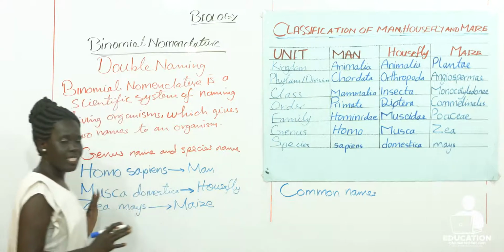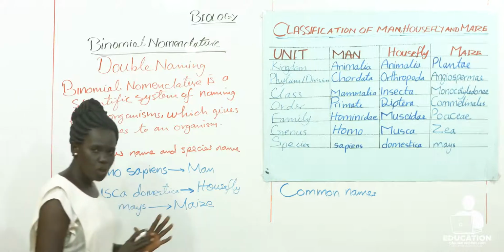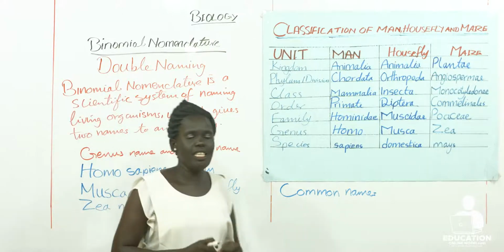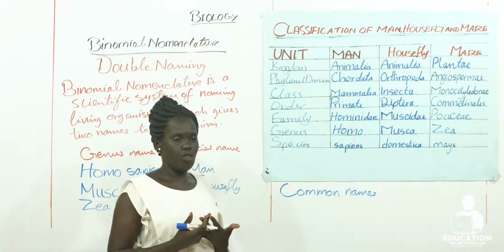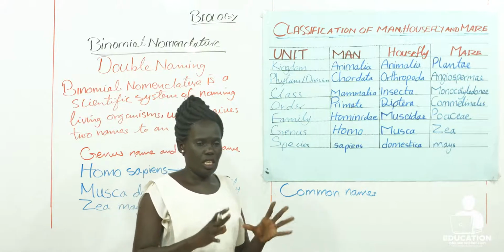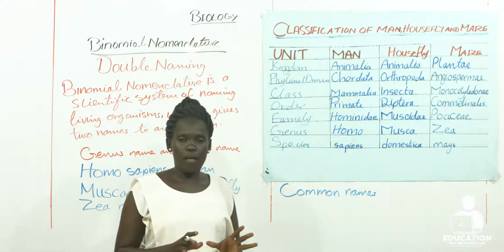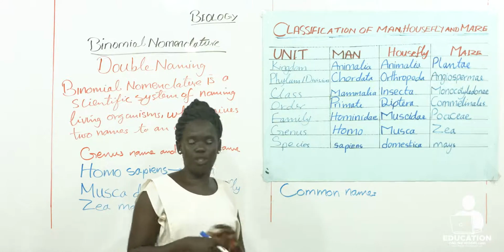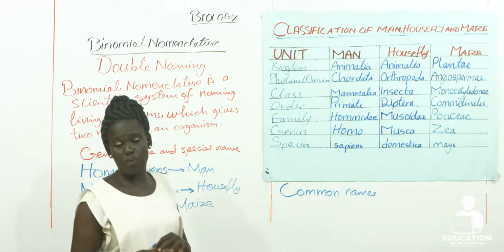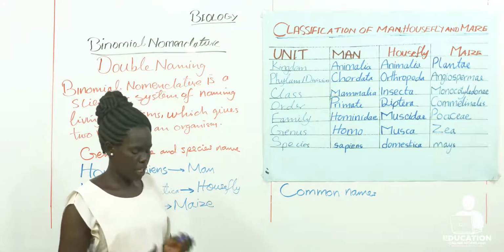When you say Zea mays, he knows you mean a maize plant. So it is known all over the world, but common names differ from place to place, from country to country, from tribe to tribe.